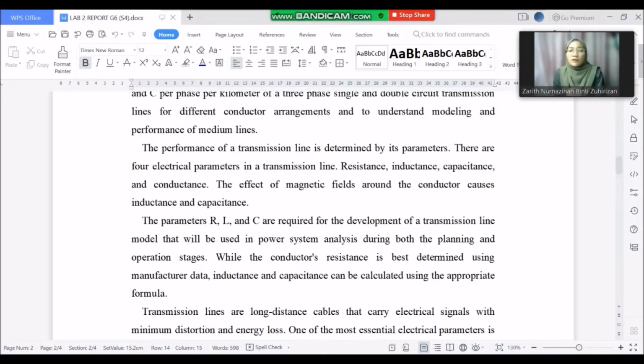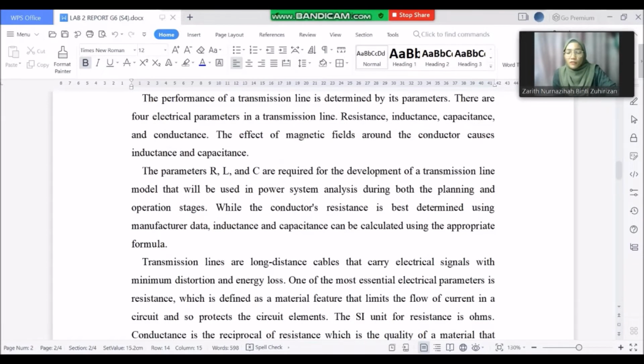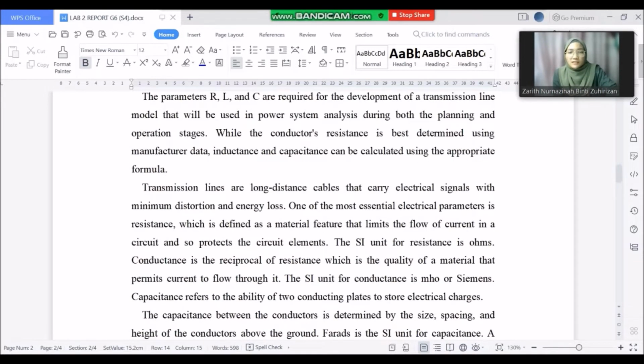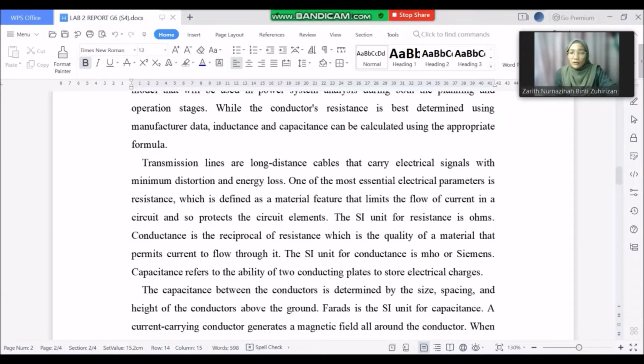While the conductor's resistance is best determined using manufacturer data, inductance and capacitance can be calculated using the appropriate formula. Transmission lines are long-distance cables that carry electrical signals with minimal distortion and energy loss.